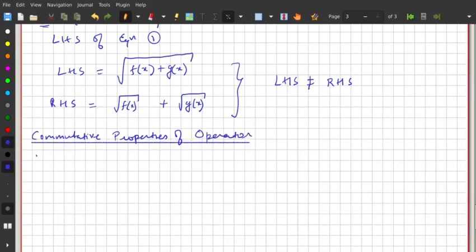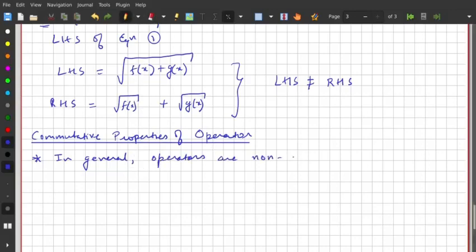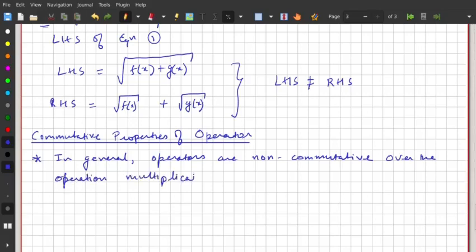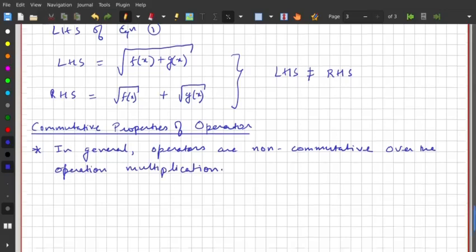The most important thing that we realized is that, in general, operators are non-commutative over the operation multiplication. Okay, so that's the generic idea.